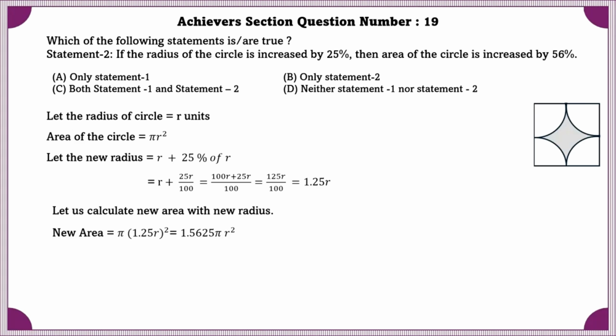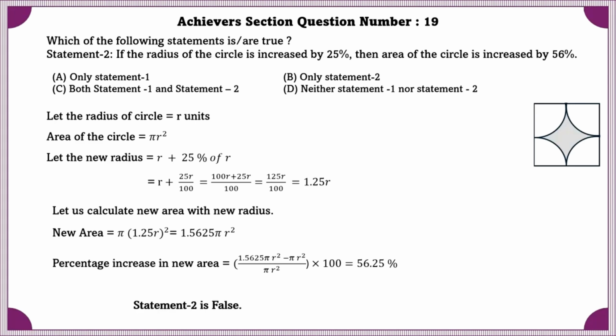New area is equal to pi (1.25 r) square. We will get 1.5625 pi r square. Percentage increase in the new area is equal to 56.25%. Therefore, statement 2 is false because it is saying that the increase is 56%, not 56.25%. So, only statement 1 is true.